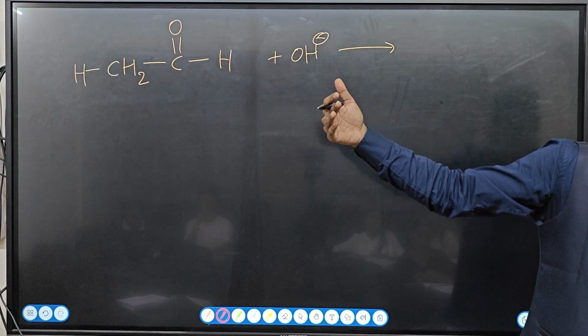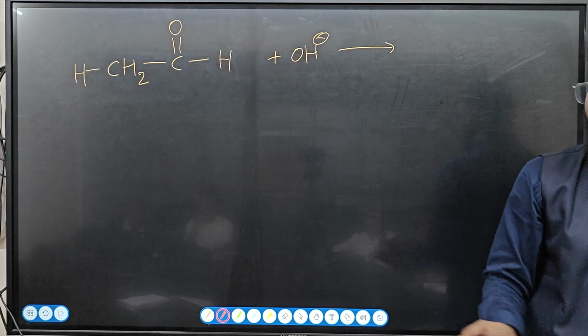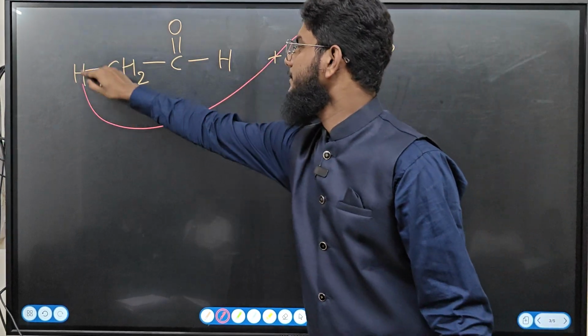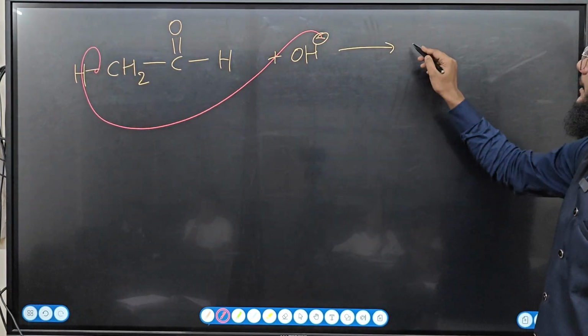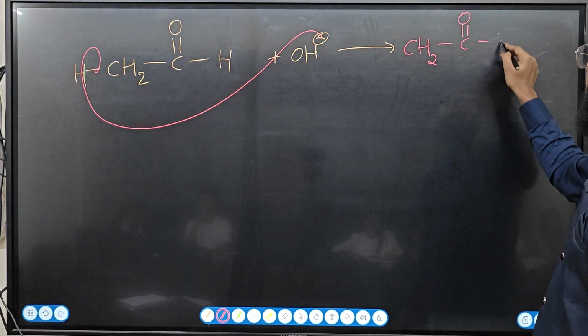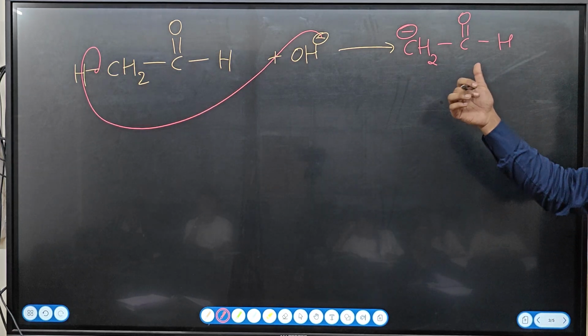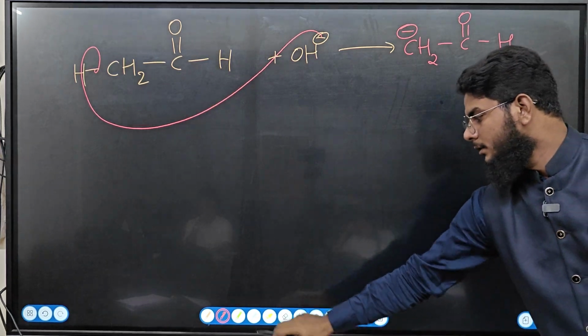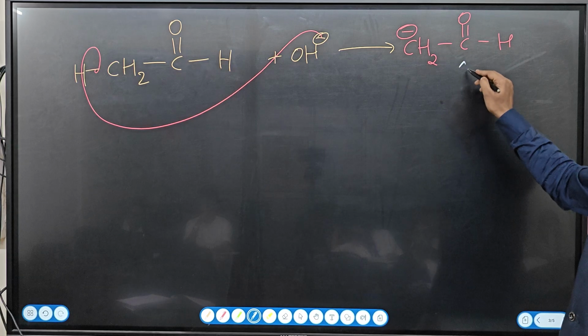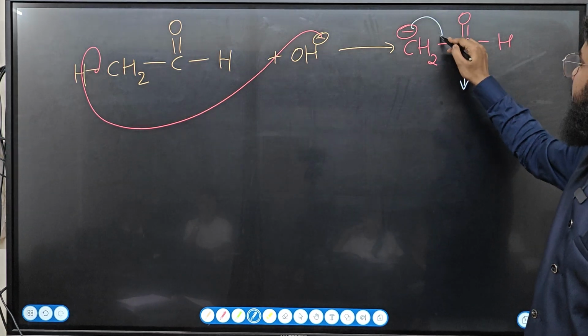This base will abstract the acidic hydrogen, and you will get this molecule, right? CH2 negative. Now this CH2 negative can be stabilized through resonance, and you will get the enolate ion.